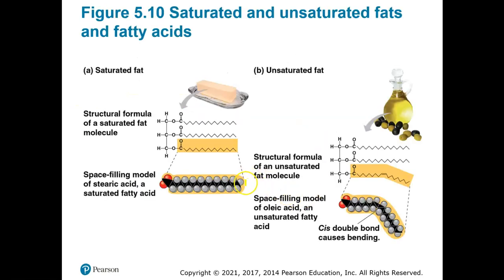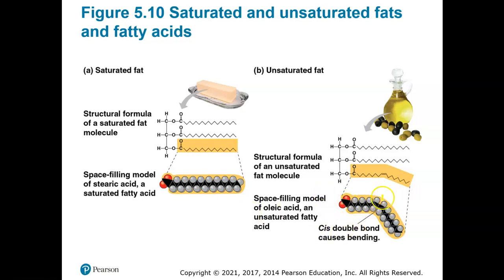So you can see here is an example of a saturated fat, because all of the bonds between the carbon atoms in the hydrocarbon chain are single. But you look here and there's a double bond. Just between 2 of the carbons, there's a double bond. It causes that hydrocarbon to bend. It causes it to be bendy and flexible.